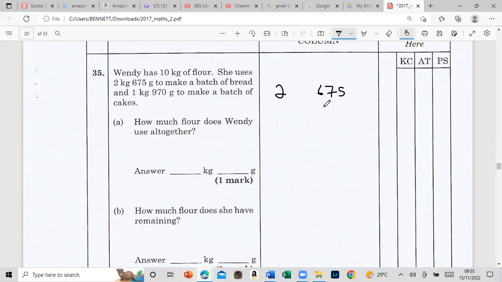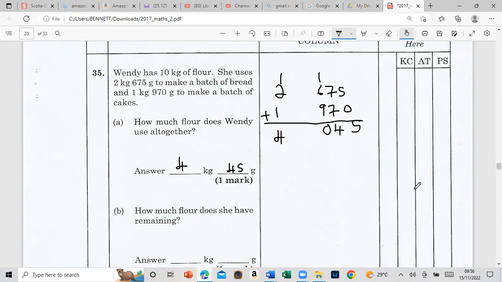Once you reach 1,000, you have to carry over, right? So 5, adding up 7, 7, 14, 4 carry 1, 9 and 1, 10, and that's 6. So that's carry the 0, carry the 1. So in all, it's 4 kilograms and 45 grams.